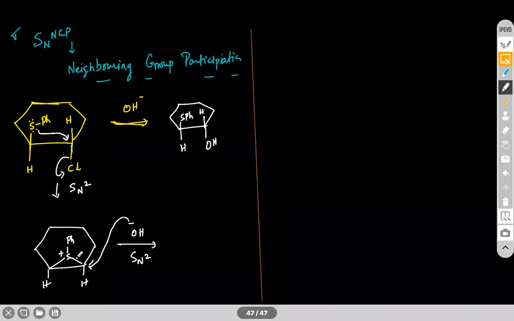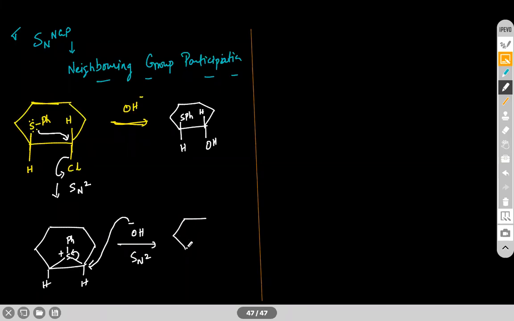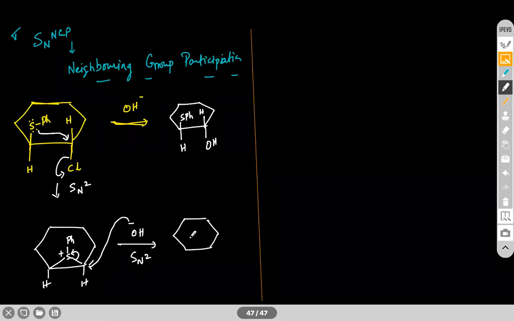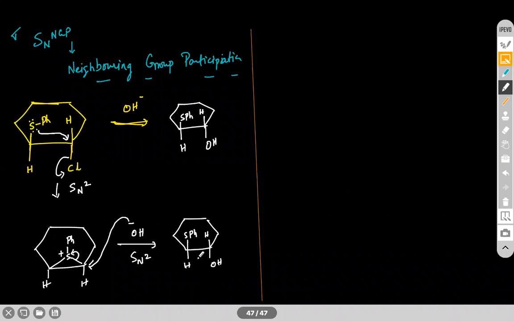So when this attacks here, this goes up onto the sulfur atom and it gives you this SPh, OH, and H will be on this side. This is the product we get. So it is the participation of the neighboring group. SPh is the neighboring group of this. So hence we call it neighboring group participation.